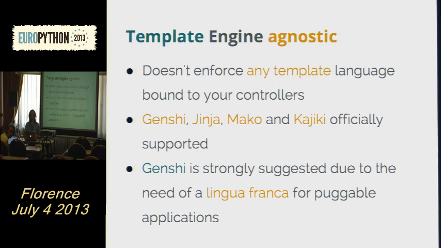So TurboGears decided that even though you can use any template engine for your code, whenever you are writing an extension or a pluggable application, you should be using Genshi, because that provides a common language for every application written in TurboGears. That leads to most people just using Genshi, even though it is the slowest of the four template engines, because it's also the one that has more features, like being syntax checked and so on.